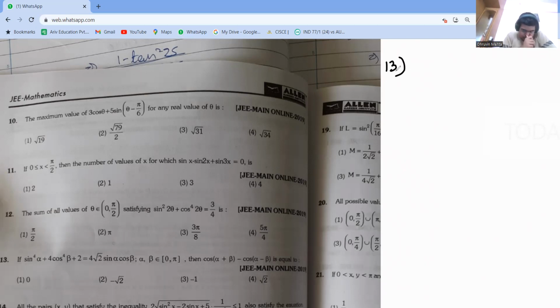You have to find the value of cos of alpha plus beta minus cos of alpha minus beta. So if we can get alpha and beta, our work will be done.